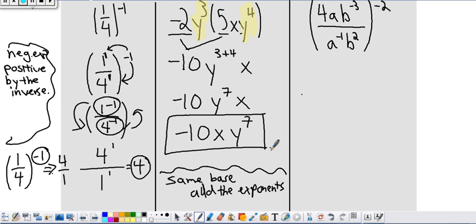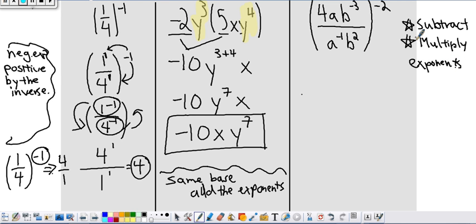Now, the last problem, which puts many concepts together, is a division, or a quotient. My answer is going to be a quotient of two terms with exponents in it. I also have exponents outside of a parentheses. So I'm going to need to make sure that I subtract and that I multiply exponents.